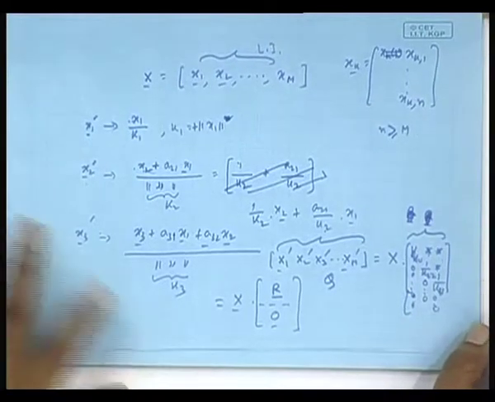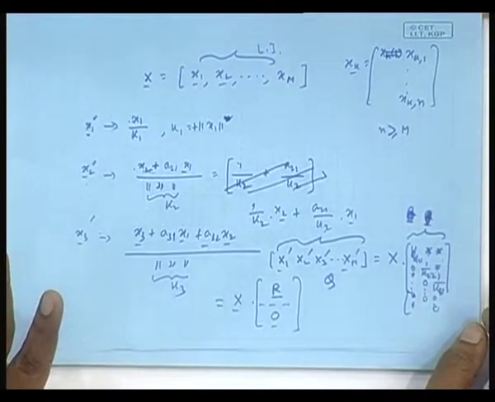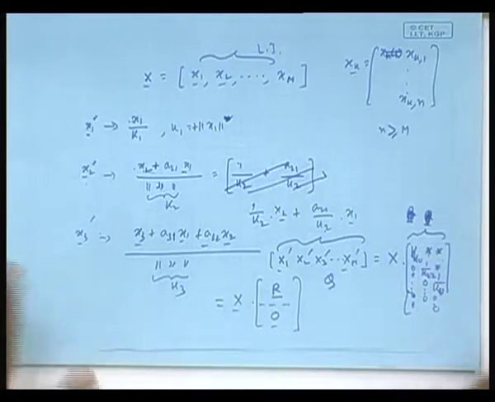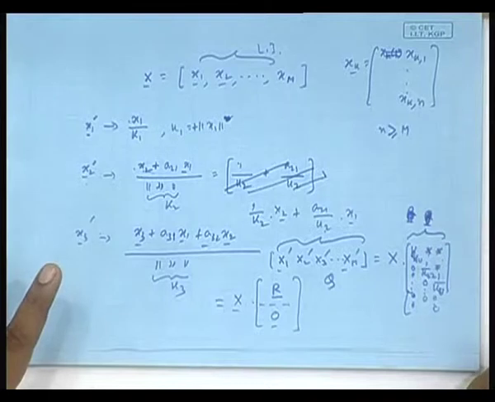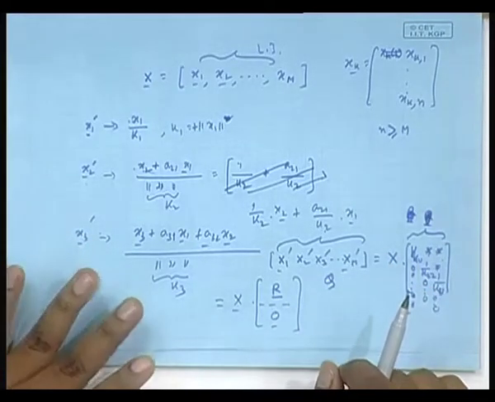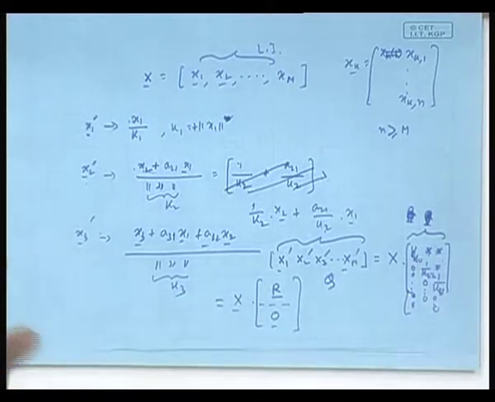So, Q transpose Q, but not Q Q transpose. It is not a square matrix. That is why Q transpose Q is permissible, not Q Q transpose. Whenever you have a unitary matrix, we show Q transpose Q is I. Row times column, the inner product is either 1 or 0.